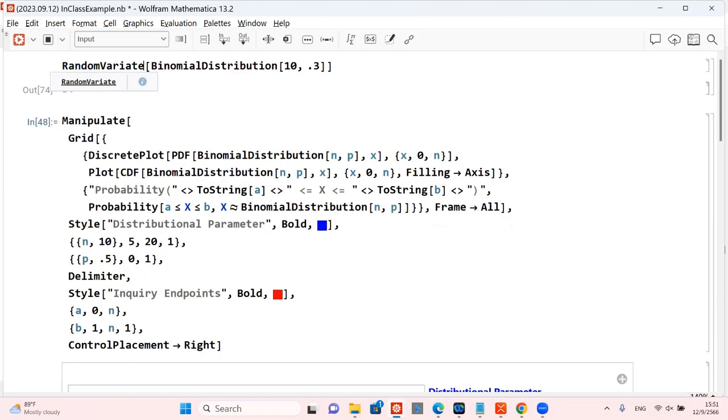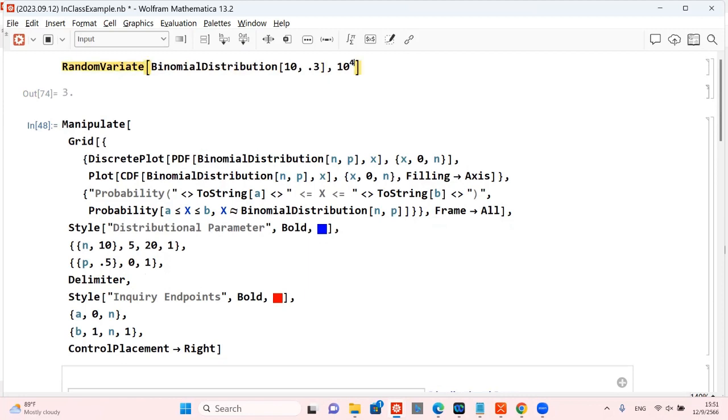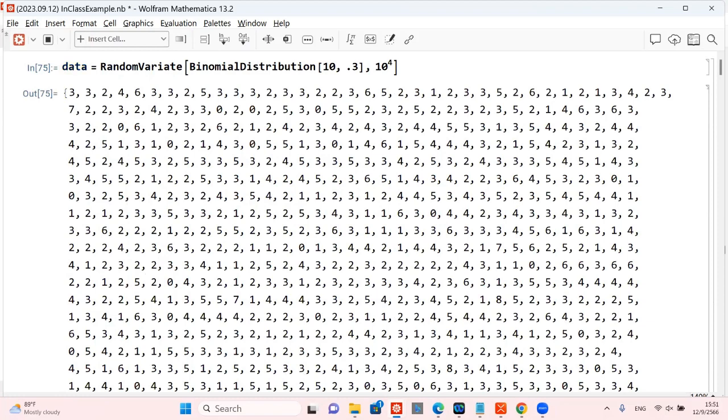So if I give them 10,000, data equal to this. See that? It has all kinds of numbers. You can tell that it's between 0 and 10, right? Because you can only have 10 heads from 10 coin tosses.